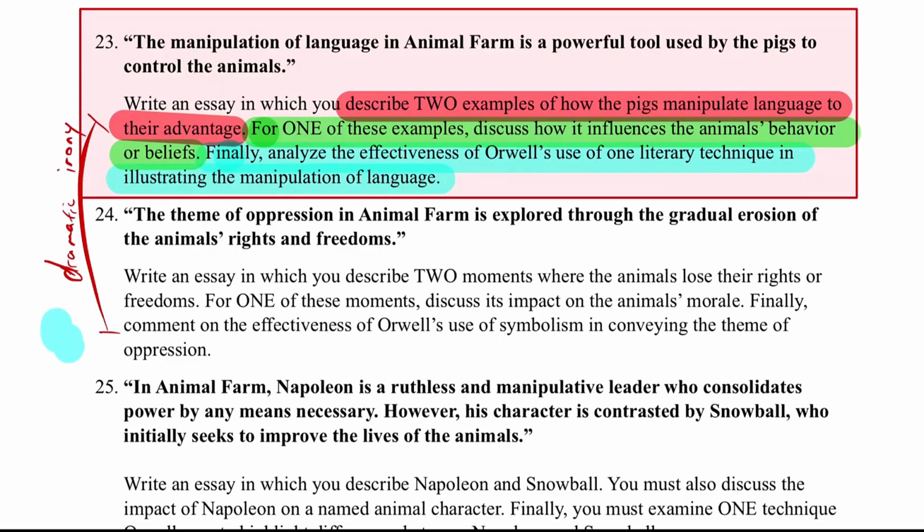Yes, Paris. Also, I just realized that the manipulation of language can be used to make reference to the fact that the pigs manipulate history itself to fit them. For example, Napoleon, after he scared away Snowball with the dogs, states that Snowball was a traitor. Actually, on several occasions, like when the windmill was destroyed, he states that Snowball is a traitor and he's working with Mr. Jones.